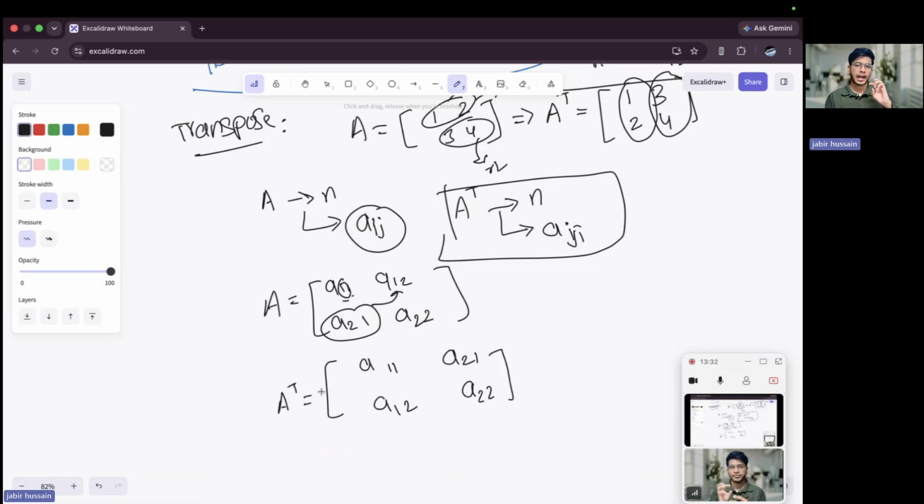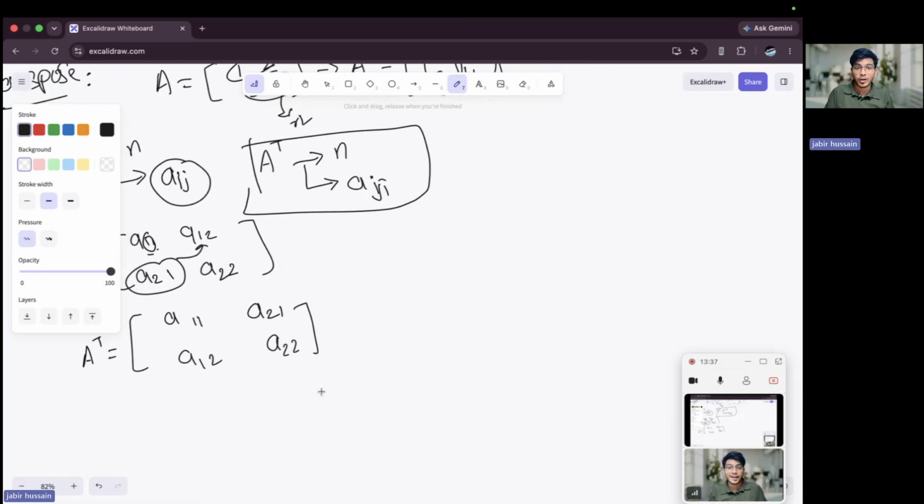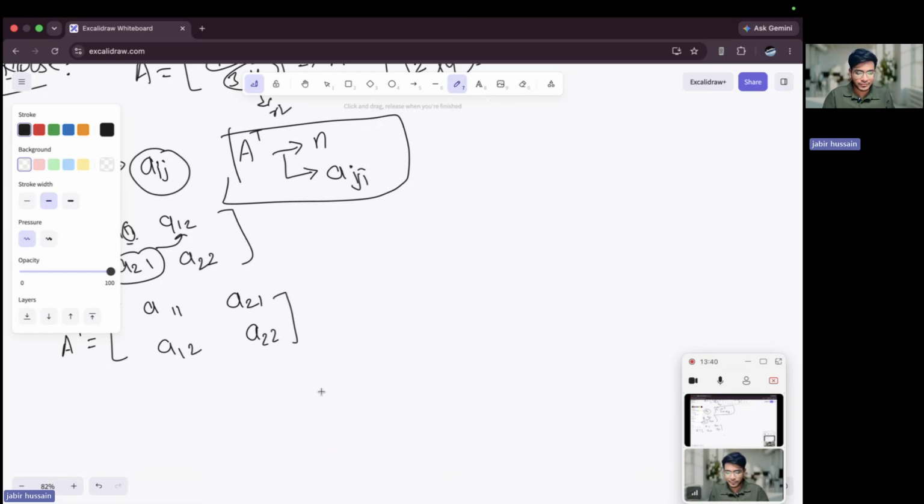So I hope you have understood the actual definition, example, and mathematical description as well. Now, we are talking about inverses, so let's stick to that. My question is this: I have a matrix A, and I know the transpose of A. What will be the inverse of A transpose?